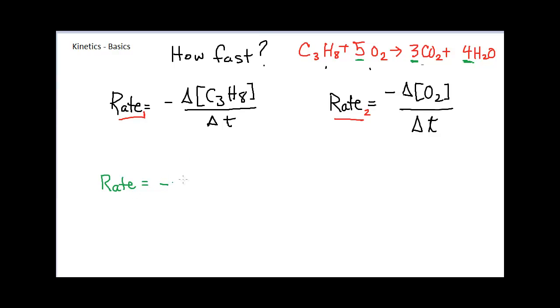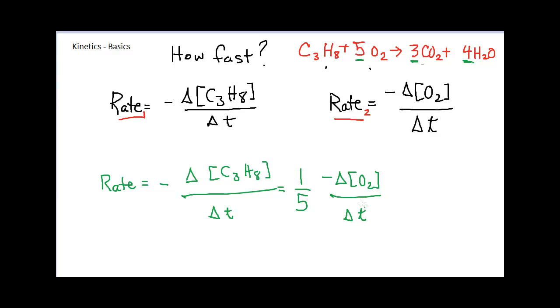So if I say the rate is equal to the negative change in concentration of C3H8 over the change in time, that will be numerically equal to 1/5 of the negative change in the concentration of oxygen with respect to time.